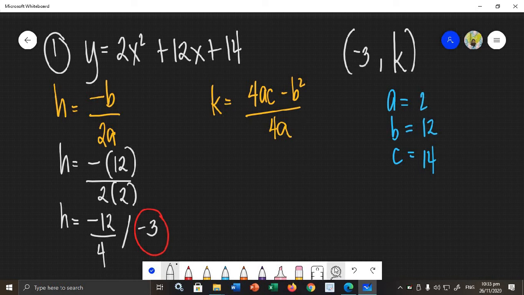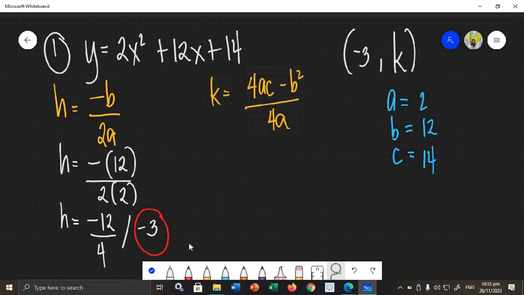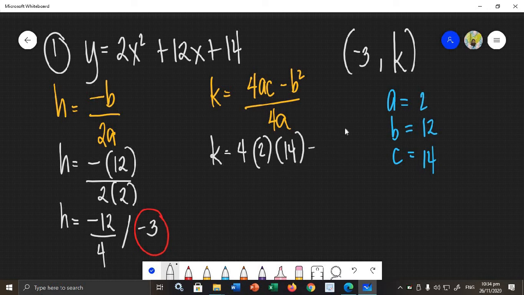How about the value of your K? Again, we will use the formula, and then we will have 4 times A, which is 2, and then C, which is 14, minus B, which is 12, squared, all over 4 times A, which is 2.